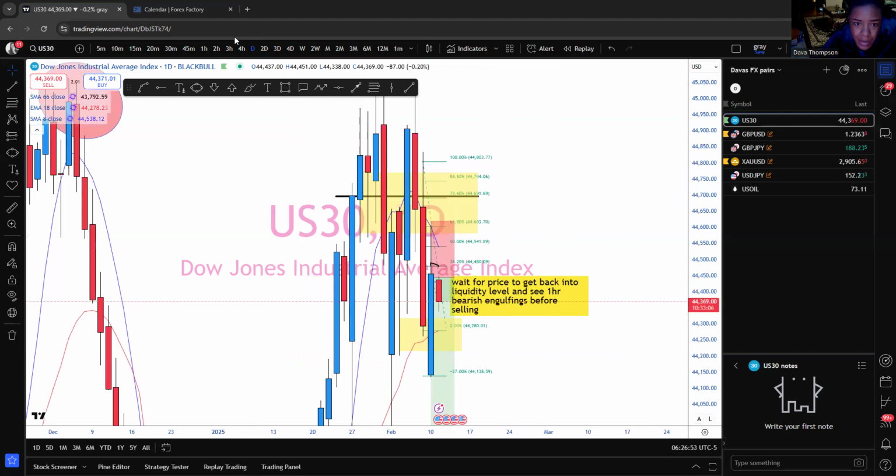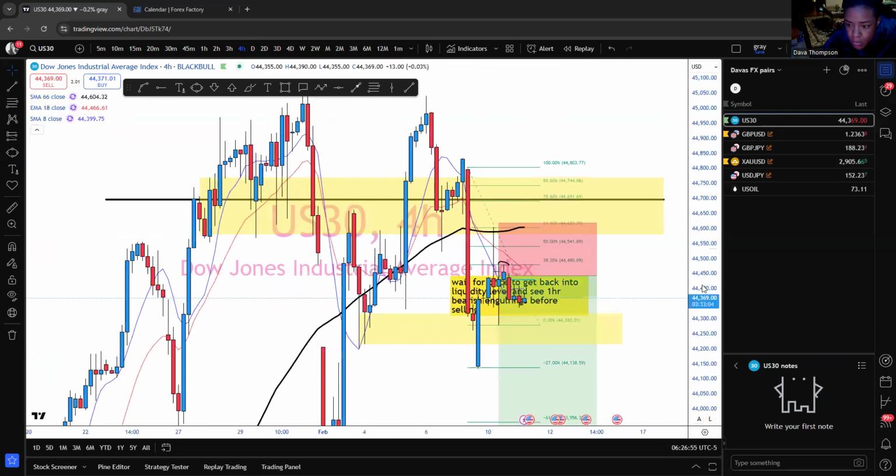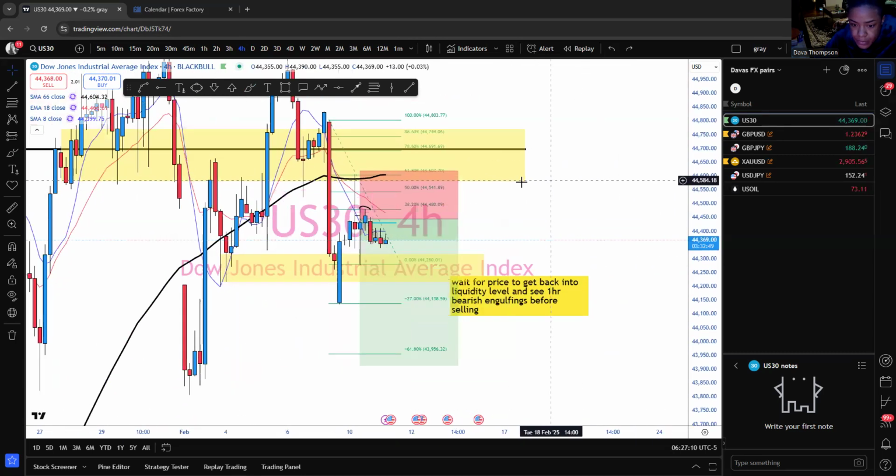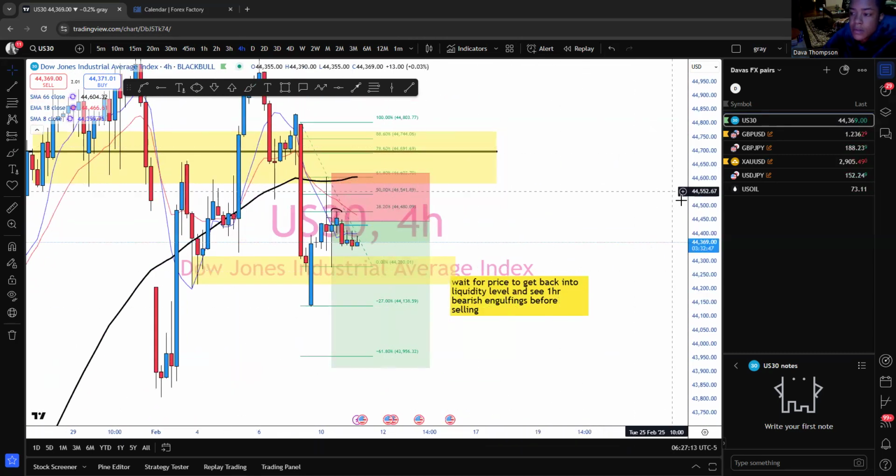And this is the daily time frame. So now we have 4 hour engulfings. I see this one and I see this one that can reinforce that bearish bias movement. So, yeah, that's what I'm looking for on US 30.